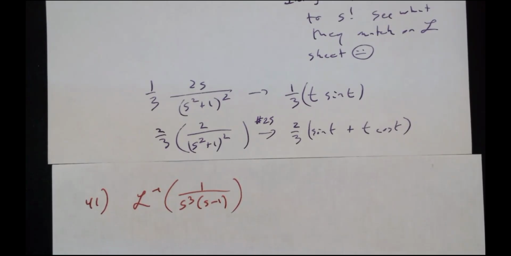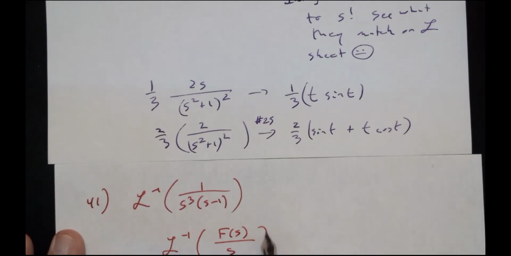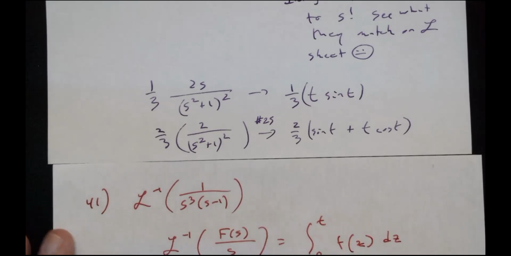Nine says, whenever I see an s in the bottom, I have to do an integral. So the Laplace inverse of f of s over s is the integral from 0 to t of f of z dz, using a dummy variable, right?